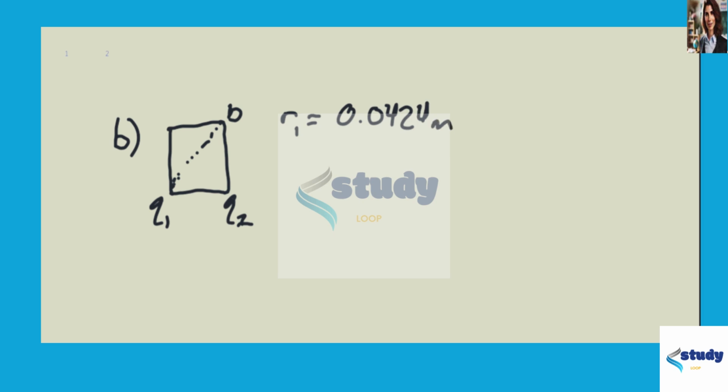So now we just do the same thing we did in part A. The voltage at location B is equal to Q1 over 4 pi epsilon naught R1 plus Q2 over 4 pi epsilon naught R2.